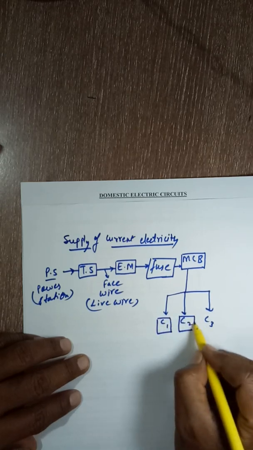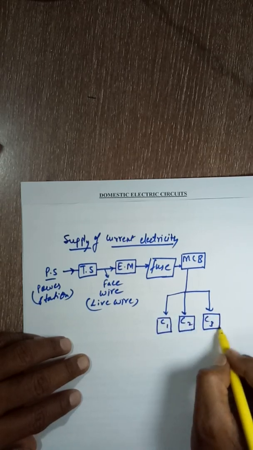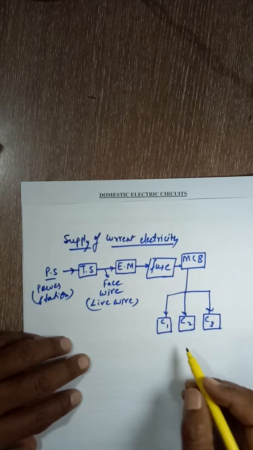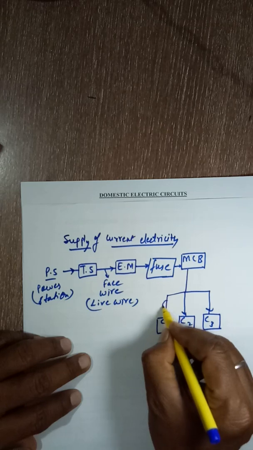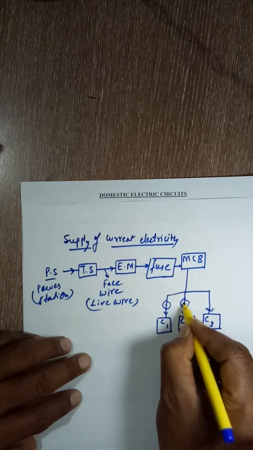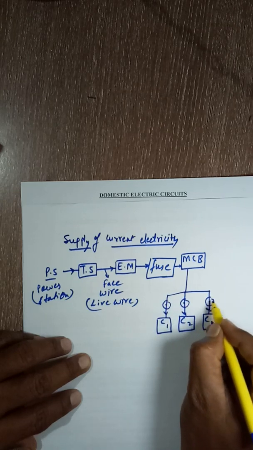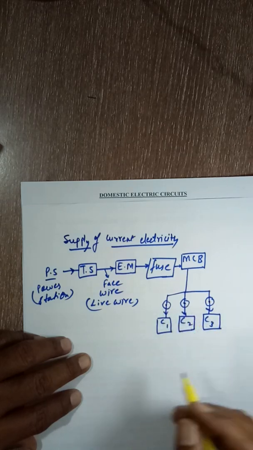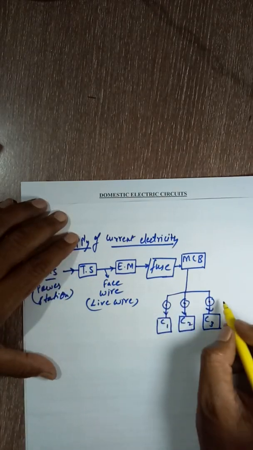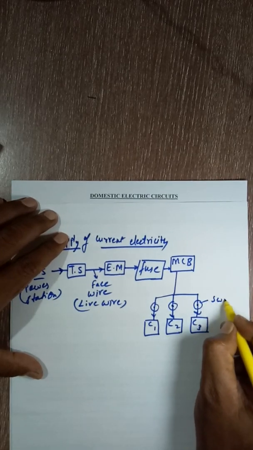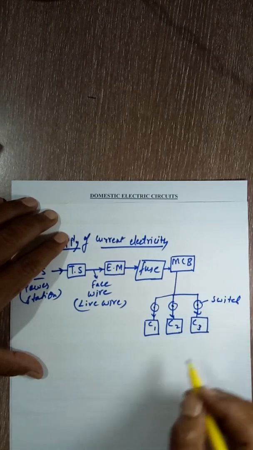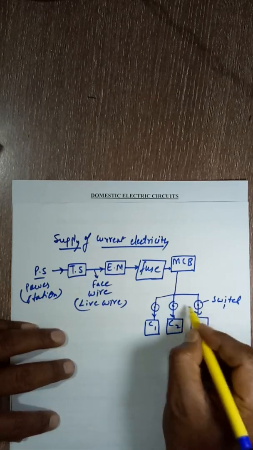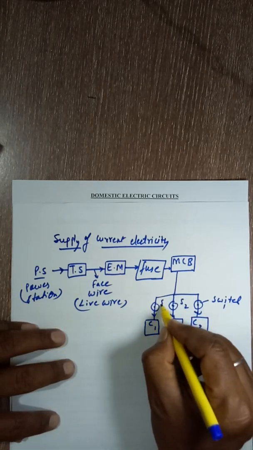It may be a TV, a fridge, an AC, or any other device. So here comes a switch before each of them, a switch. This is switch 1, this is switch 2, this is switch 3.